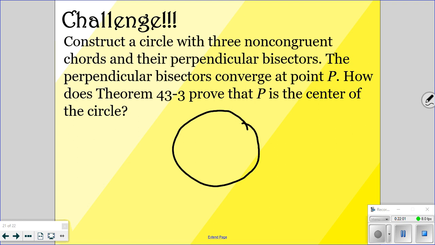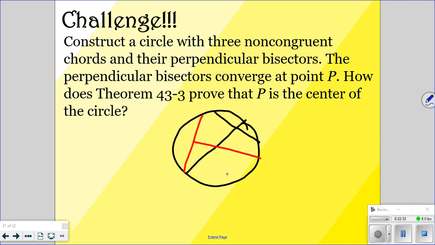So we have a circle here, and we have 3 non-congruent chords. So here's one chord with its perpendicular bisector. Another chord goes here, and its perpendicular bisector would maybe go right there.